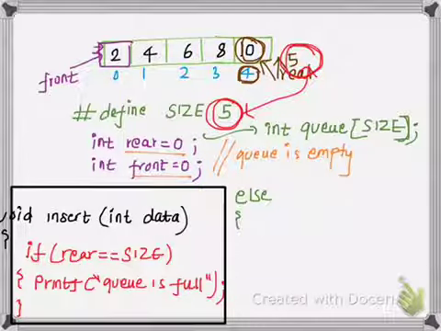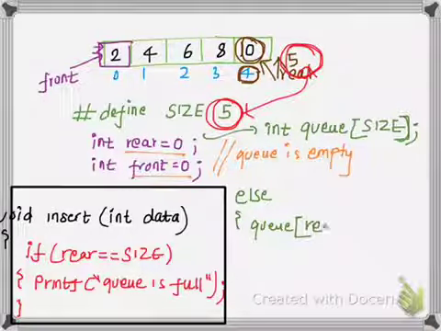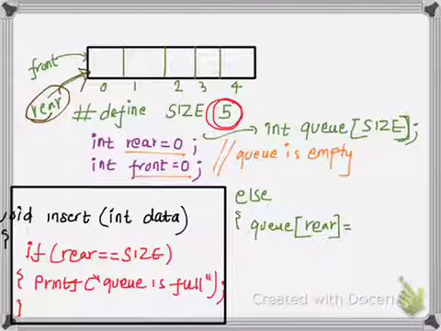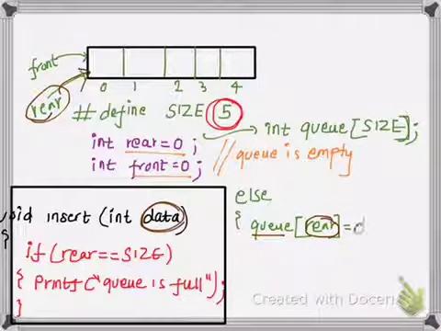So in place of queue, and then queue of rear, as we're going to insert our element at rear. Now at first, when the queue is empty, rear is pointing to memory location 0. So in queue of 0, in queue of rear, we are going to insert our data, which is data.